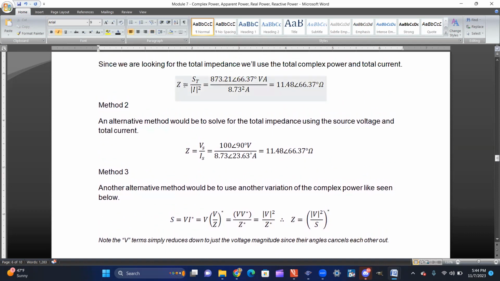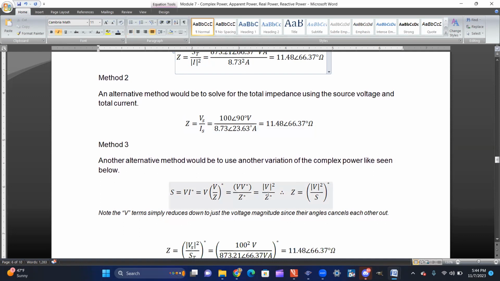More than likely, you'll be using this equation right here the most, but there may be some cases where you may have to use this one. Say, for example, if you know the voltage across a load and you know the complex power of that particular load, you can use this equation right here to solve for the impedance of that load.